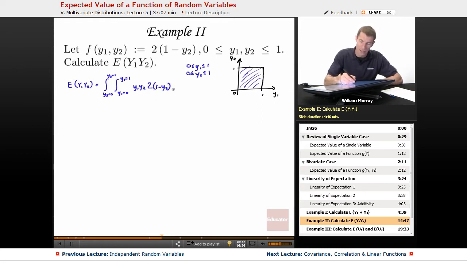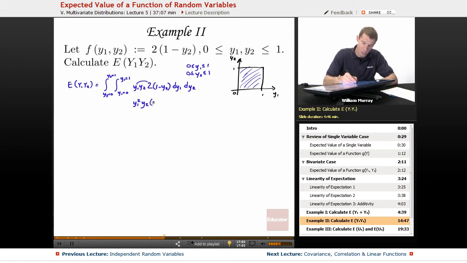And now the way I've got it set up, my first integral is dy1, and my outside integral is dy2. So I'm going to go ahead and solve that integral, the first one on the inside. I'm integrating with respect to y1. So I see I have a 2y1. I'm going to use those together and just get y1 squared. And then everything else is a constant because I'm integrating with respect to y1.